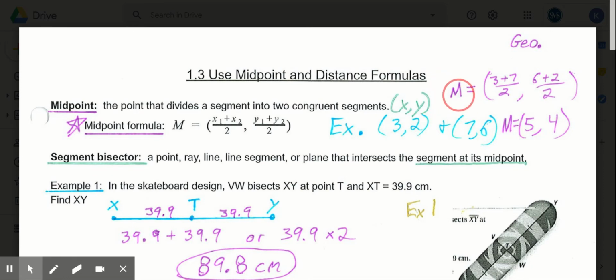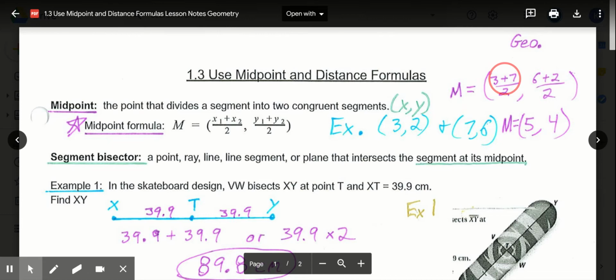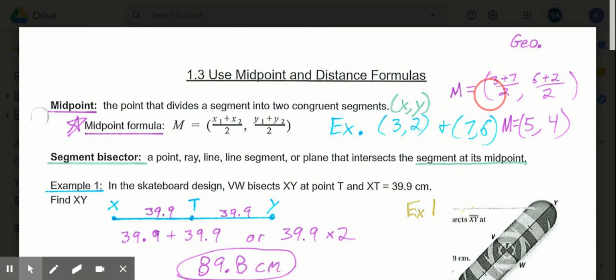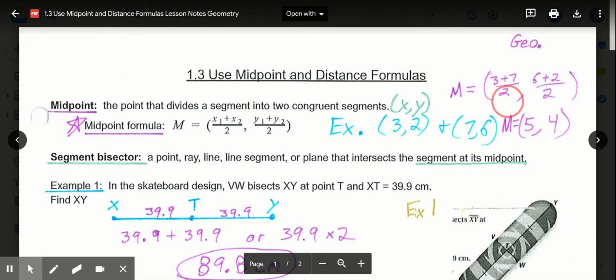To use the midpoint formula, M equals our two x values, 3 from the first one and 7 from the second, 3 plus 7 divided by 2, comma, and then our y coordinates, 2 and 6, 6 plus 2 divided by 2. Because it's addition, the order does not matter for the 3 and the 7, or the 6 and the 2. We can reverse order in addition.